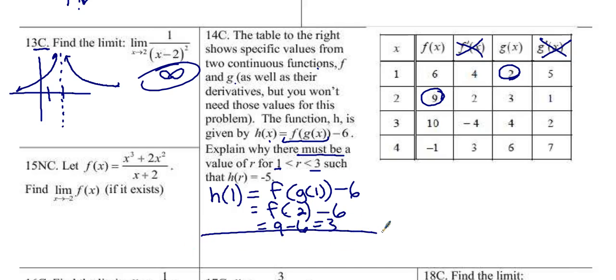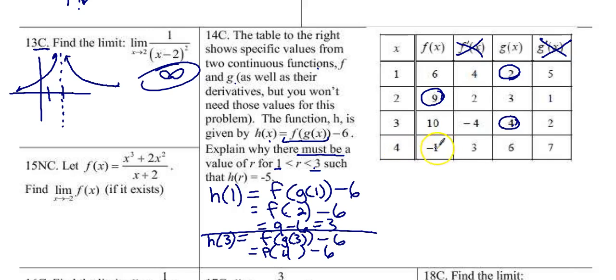So now let's do h of the other end, 3. H of 3 is f of g of 3 minus 6. G of 3 is, go to the row 3, and g is 4. So this is f of 4 minus 6.